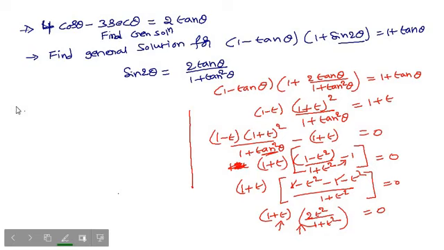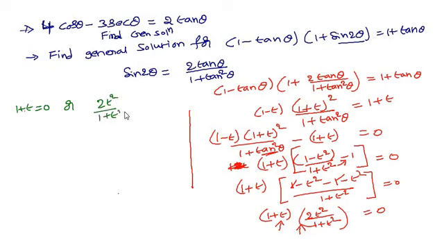Now either 1 plus tan equals to 0 or 2 tan square divided by 1 plus tan square equals to 0. So 1 plus tan equal to 0 means tan equals to negative 1. Here tan square should be 0.